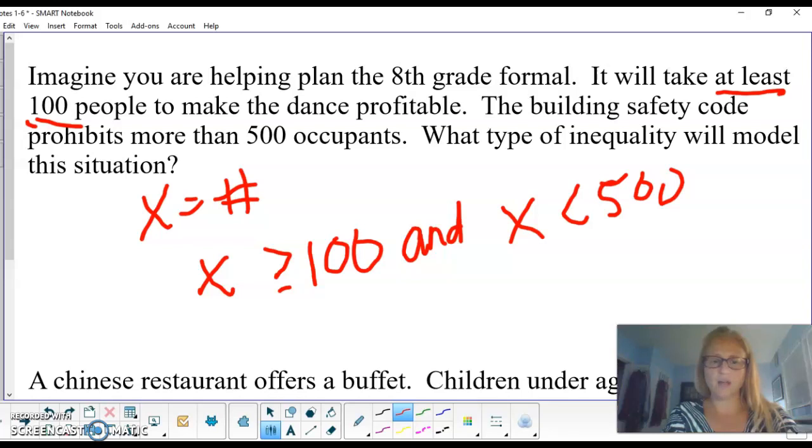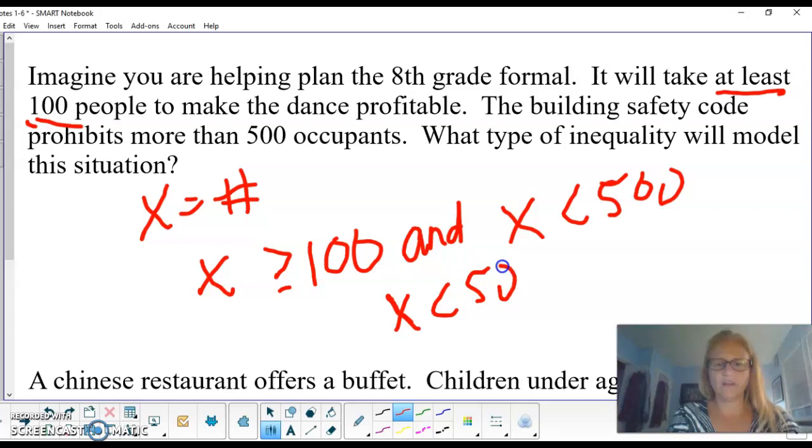A lot of the times you're not going to see it like this. You're going to see it, and this is going to hopefully trigger some memories here from Algebra 1, we write it like this with the x in the middle. So we have x is less than or equal to 500, but we also have to represent x is greater than or equal to 100. So what we can do is we just turn it around. Here's the x.